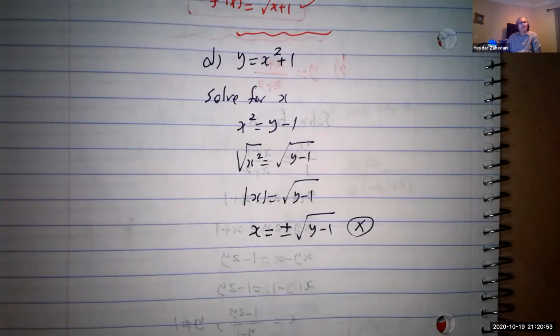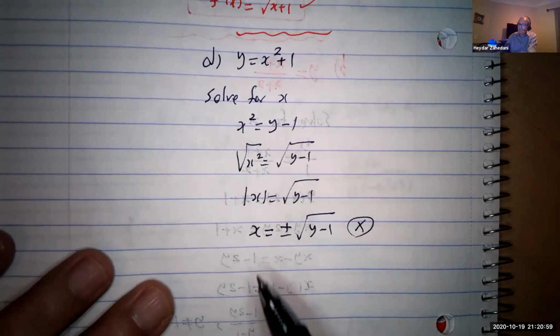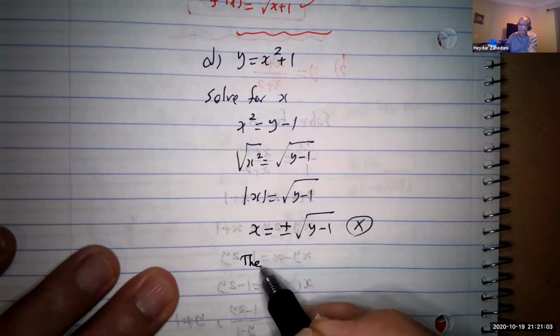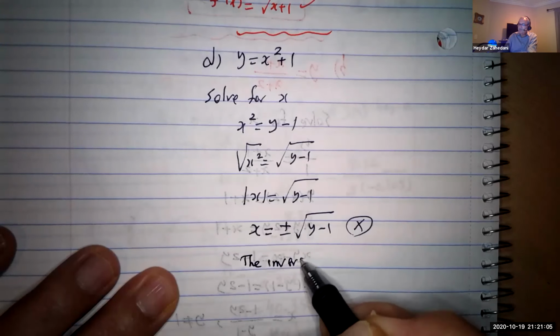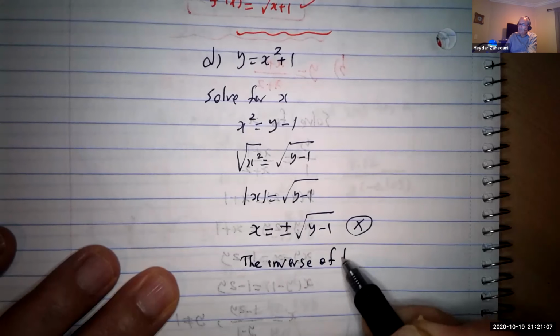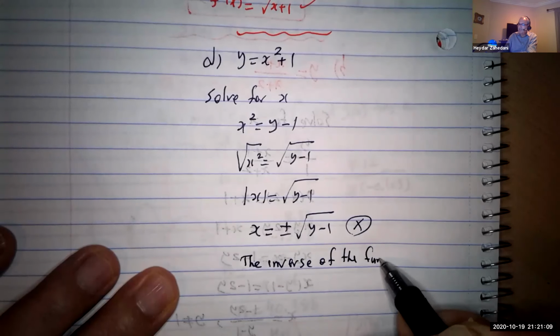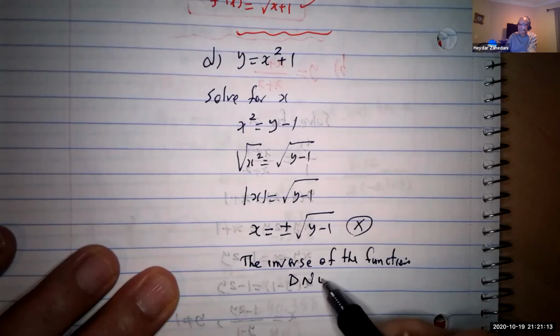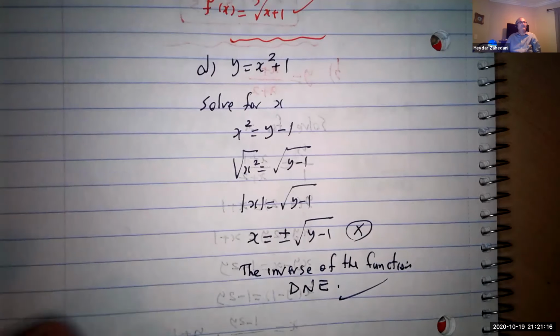We cannot have repeated factors, if you like. So in this case, you are going to tell us that the inverse of the function does not exist. And then you're done.